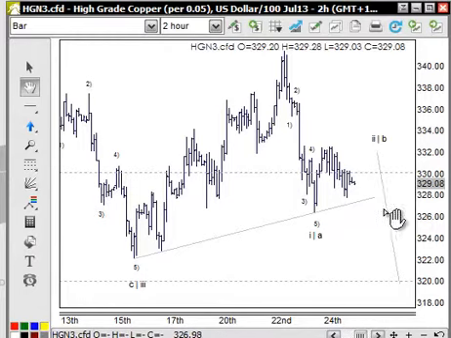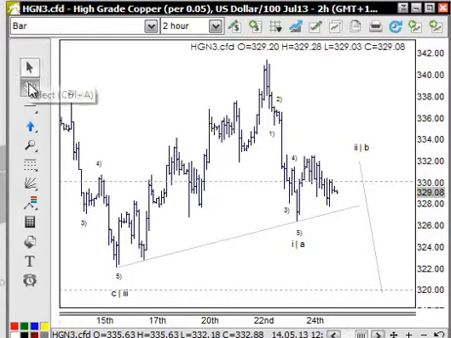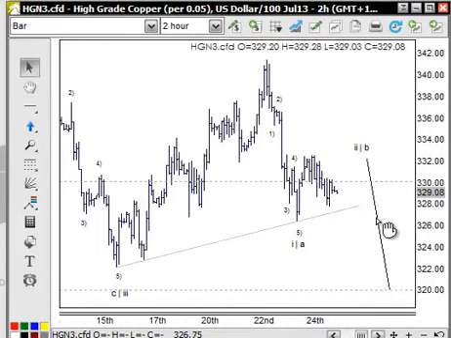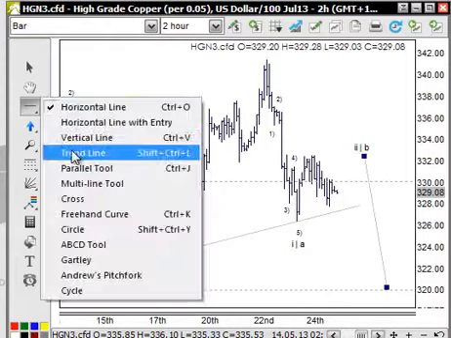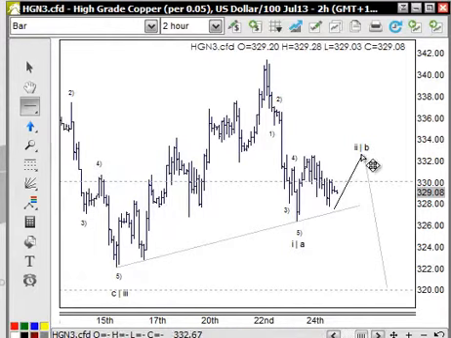So that can obviously just drop straight from that point here as such and continue to move down there. Or we could see a little wave C here in terms of an A and a B and a C through here. But at some point that 330 should become the resistance and we'll see a move come down further through here.